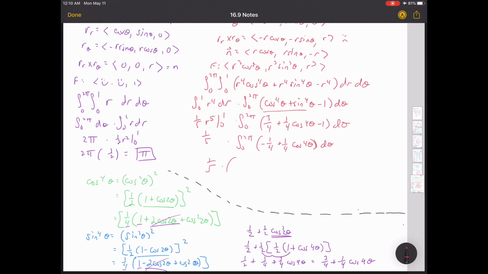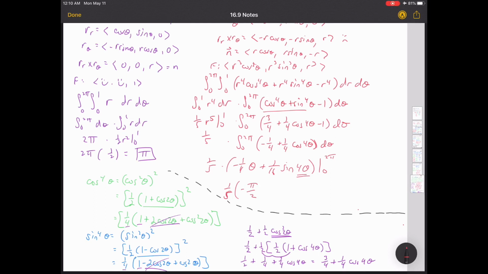So we're going to have negative 1/4 theta plus 1/16 sine of 4 theta from 0 to 2 pi. Well, the good thing is if I plug 2 pi in, 1/5 there, if I plug 2 pi in, I'm going to get negative pi halves.